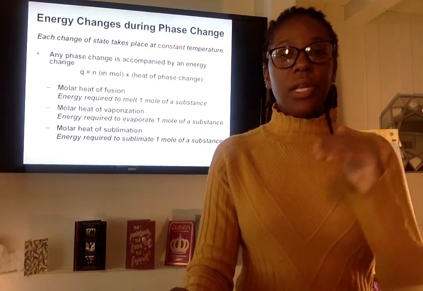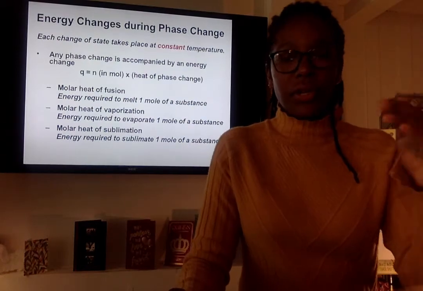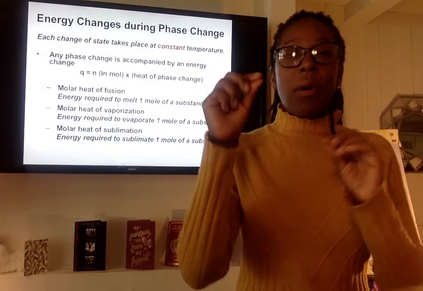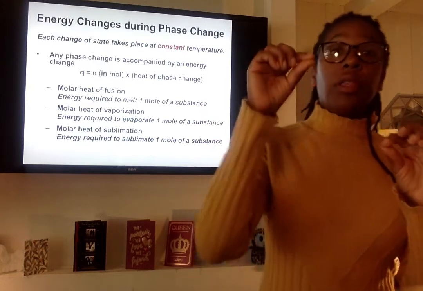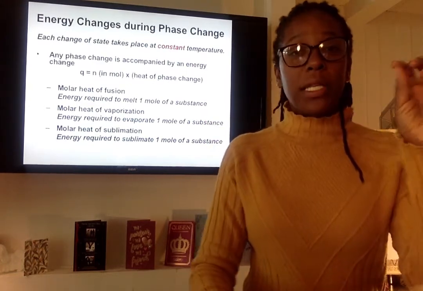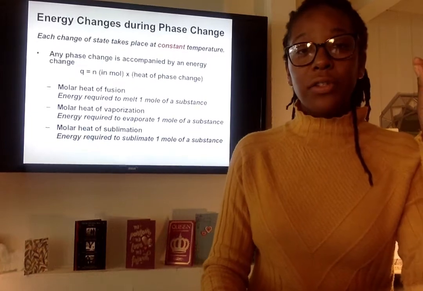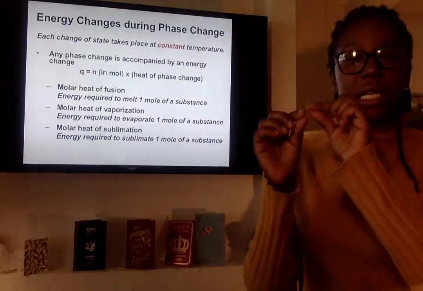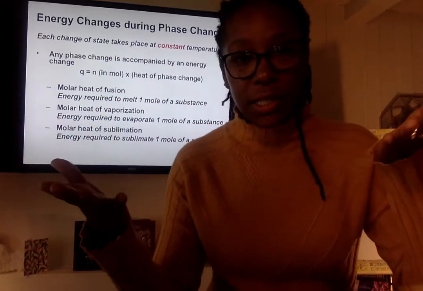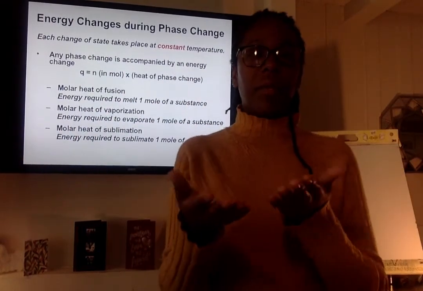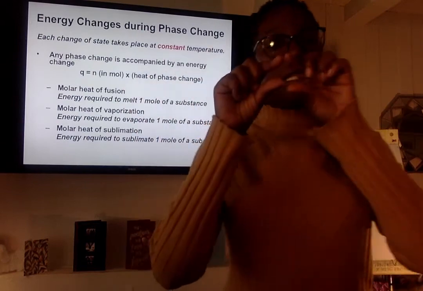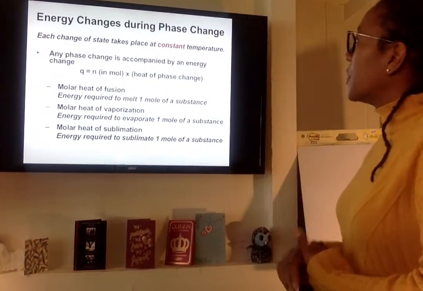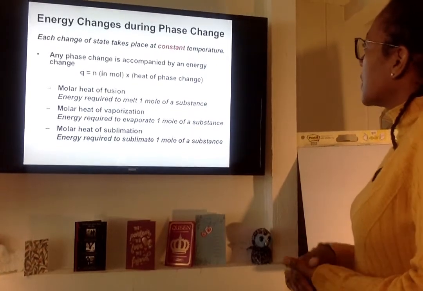It doesn't boil past 100 degrees. That's not the boiling point; if it's 101, it's past the boiling point. The boiling point is 100 degrees, so at 100 degrees, water is boiling. It doesn't need to go past 100 degrees to boil. That's what it means: at this constant temperature, there's going to be a phase change.